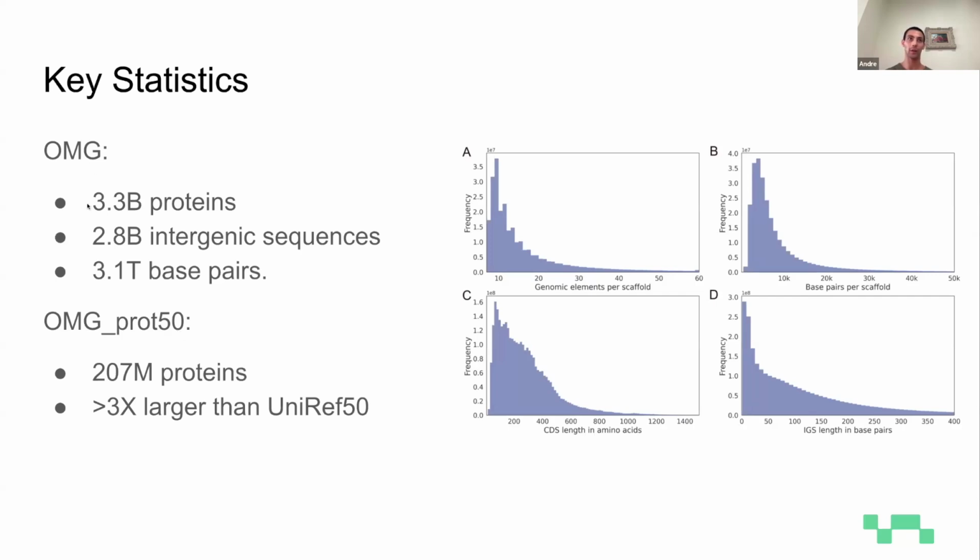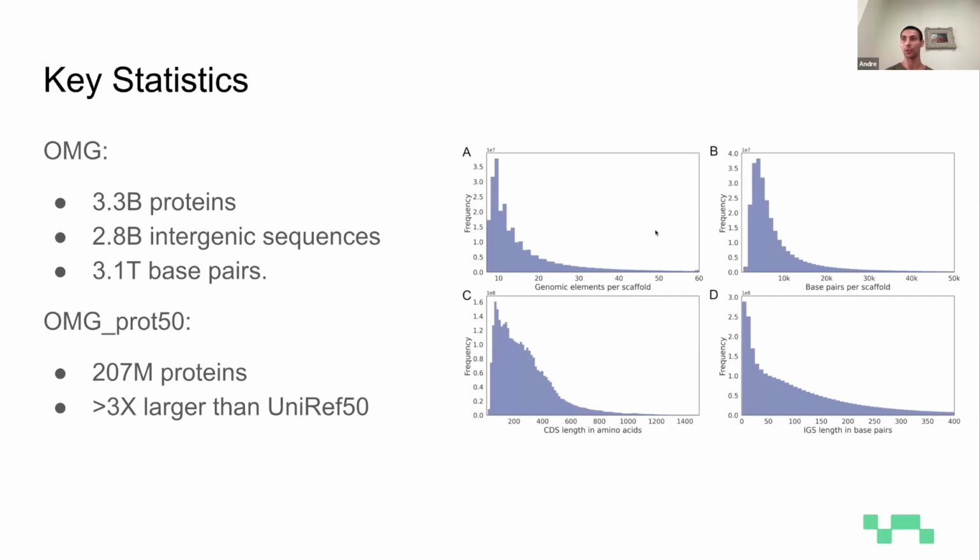We have around 3.3 billion proteins and 2.8 billion intergenic sequences in OMG, which represents in total 3.1 trillion base pairs. For OMG Pro 50, this gets clustered into 207 million proteins or centroids, which if you compare to UniRef50 is about 3 times larger. So this signifies there's significantly more diversity in this data set.